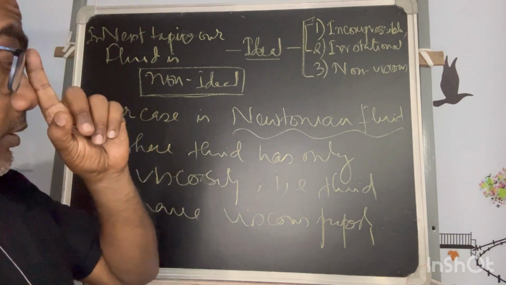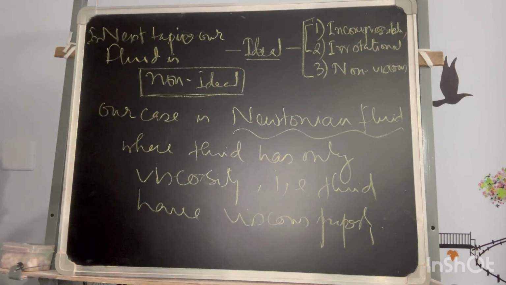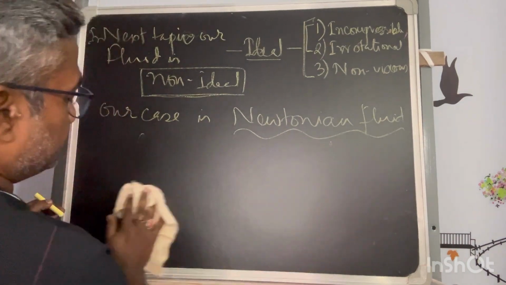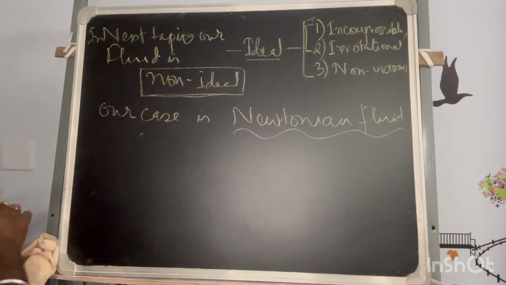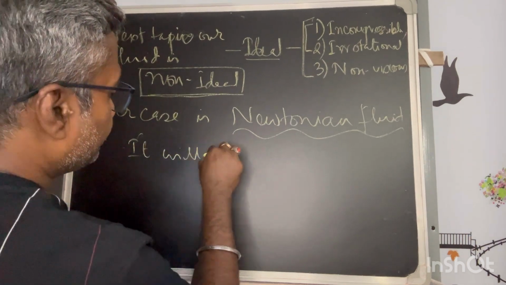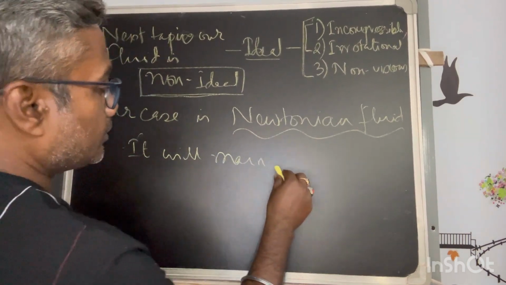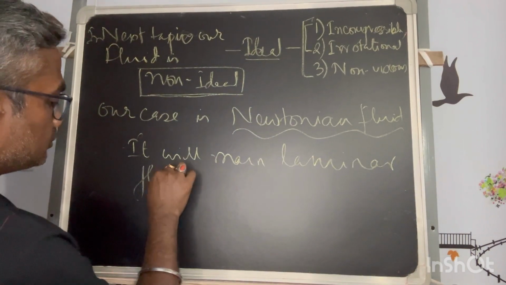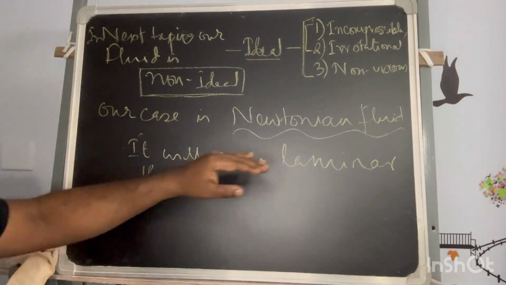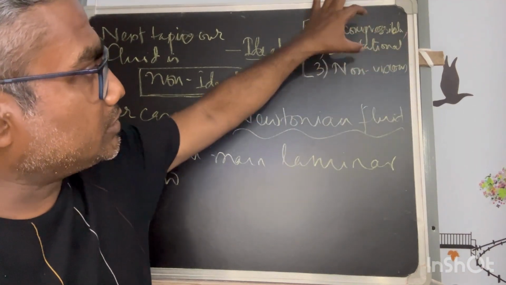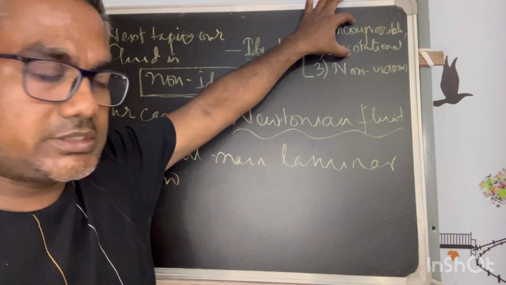Now what are the things we will add to this? One thing is that it is Newtonian fluid. The other thing is it will maintain laminar flow. So in the next part of the discussion we will take Newtonian fluid, where these two parts still exist.